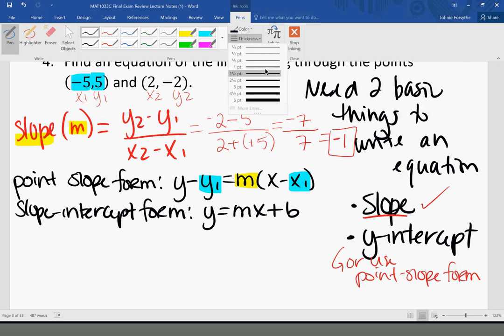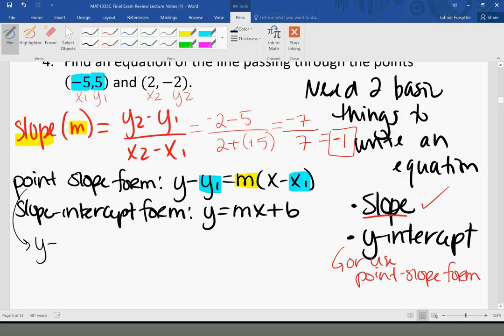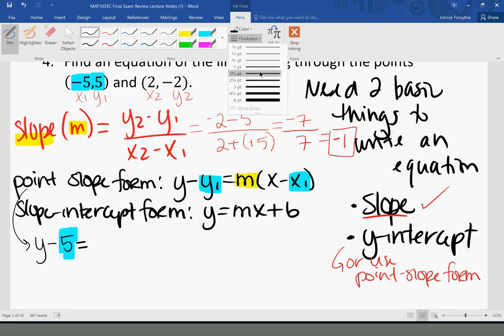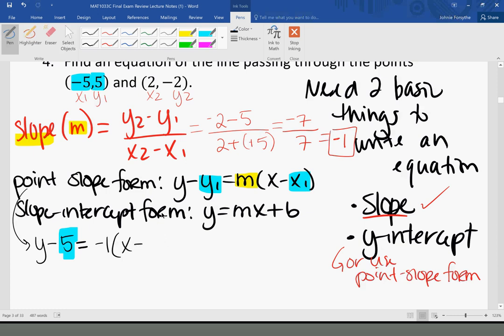Okay. So let's start. So first we're going to go with point slope form. So you have y minus y1, which is 5, equals m, which is negative 1, times x minus x1, which is negative 5.